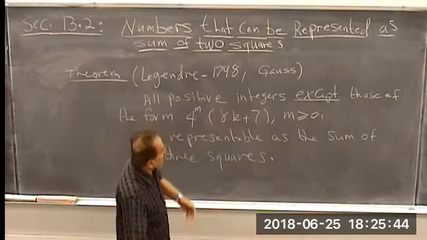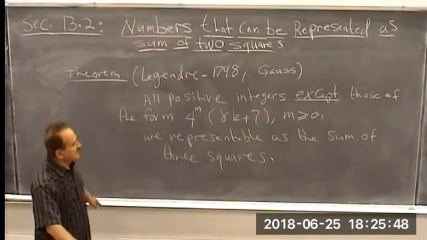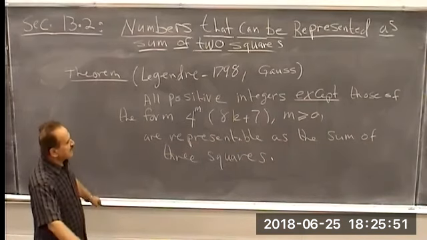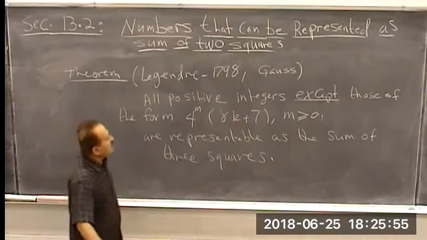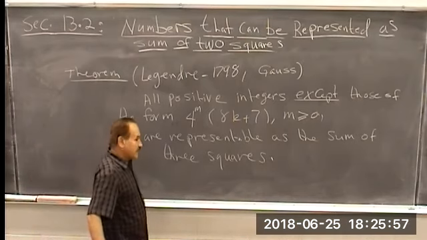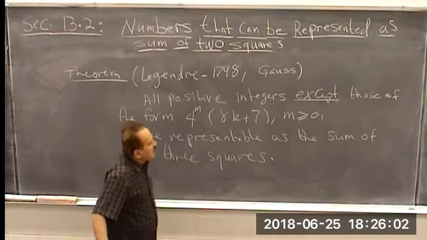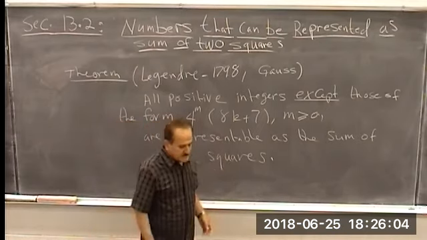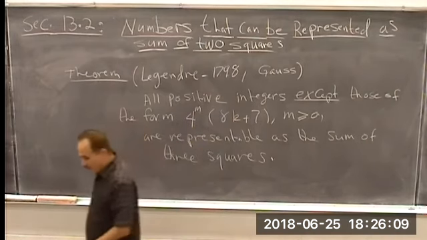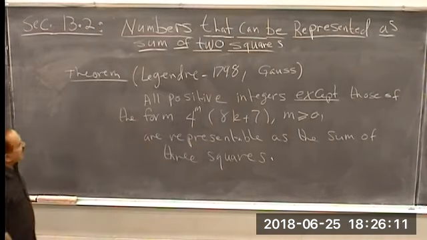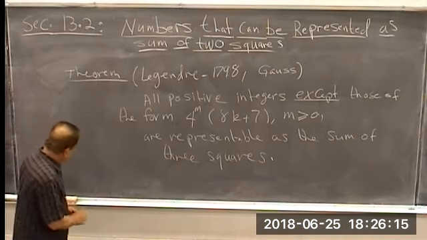We already know that any number of this form actually is not representable. But the question is, any other number, will it actually be representable as a sum of squares? We haven't shown that. I know these are not, but these are the only ones. The next thing we should look at is which numbers are the sum of four squares.